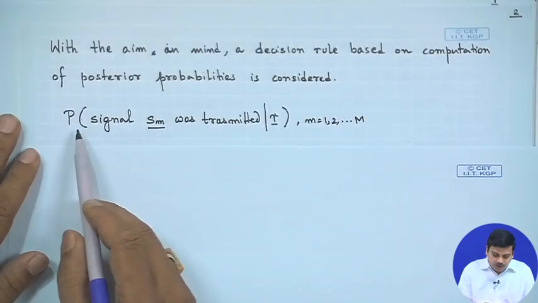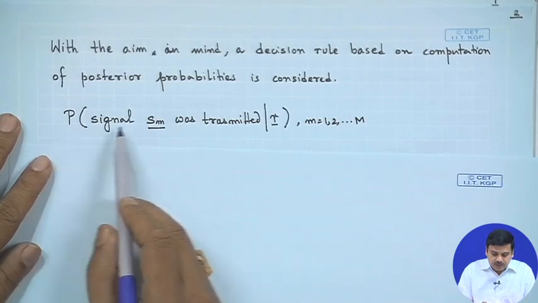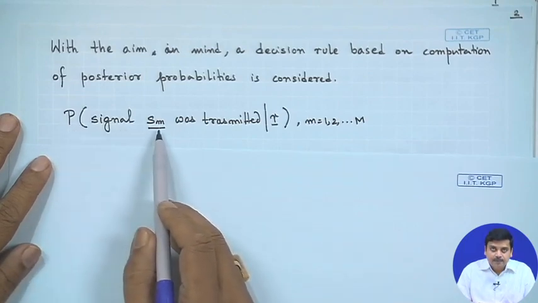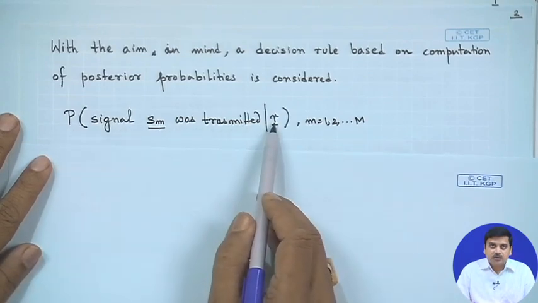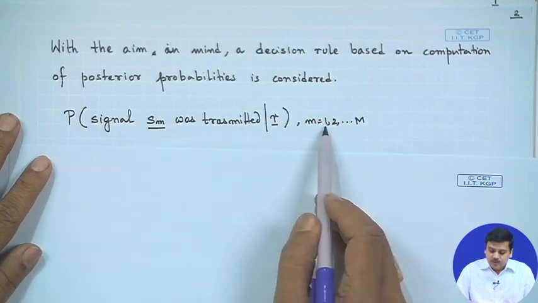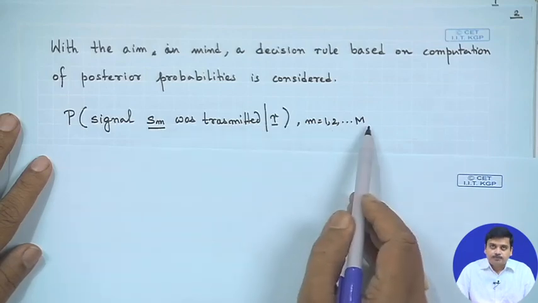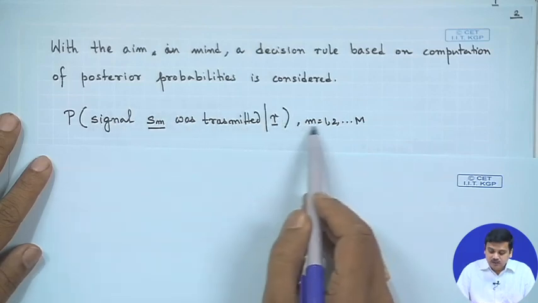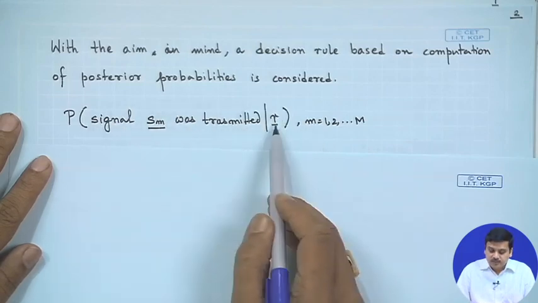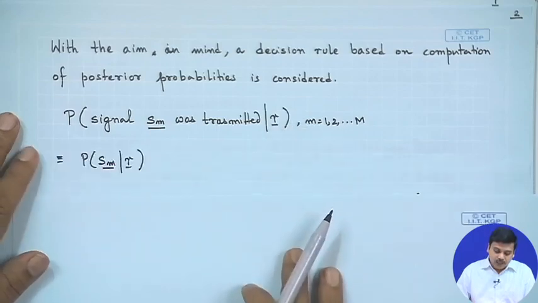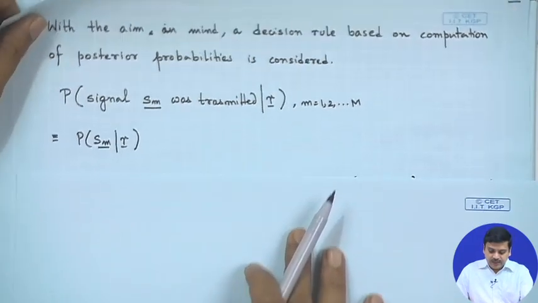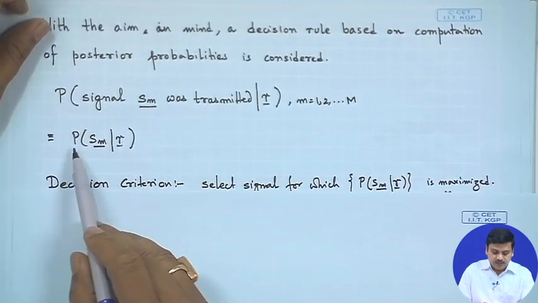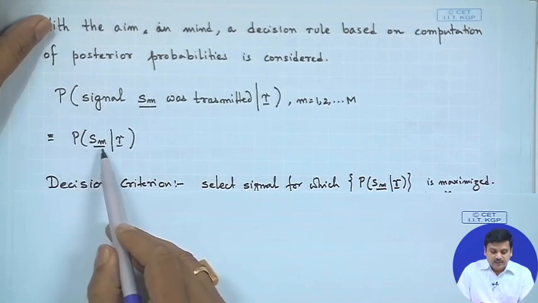So we basically have to calculate the probability that signal S_m was transmitted based on r, where m could be 1, 2 up to capital M. That means you have to calculate these probabilities for each of the possible signals based on the observation r, and so we indicate these probabilities as P(S_m | r).